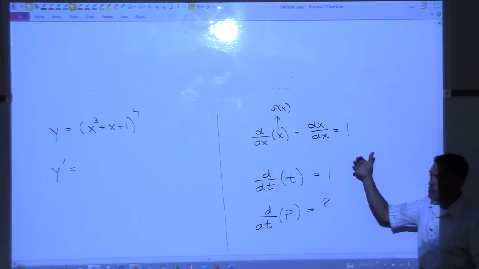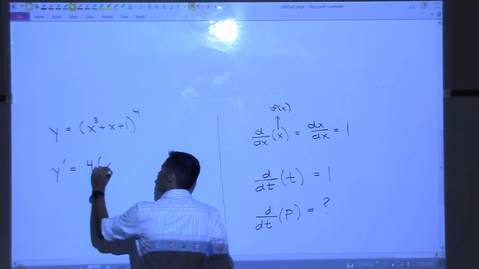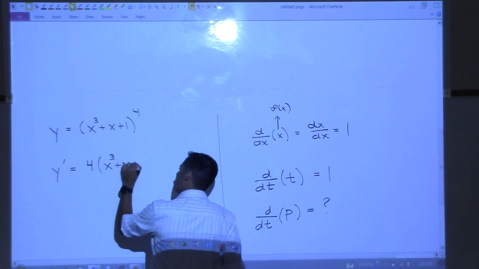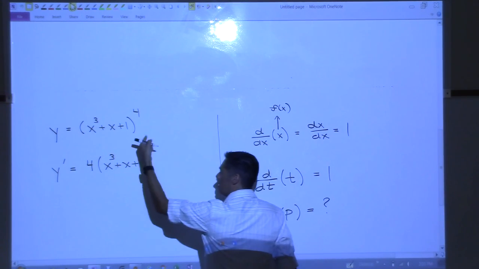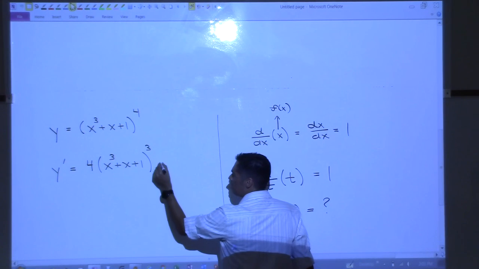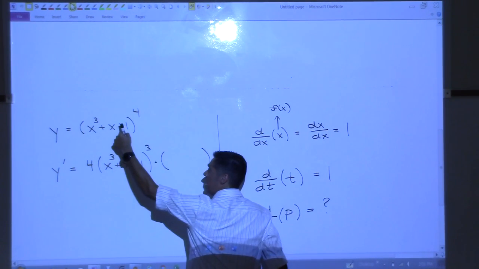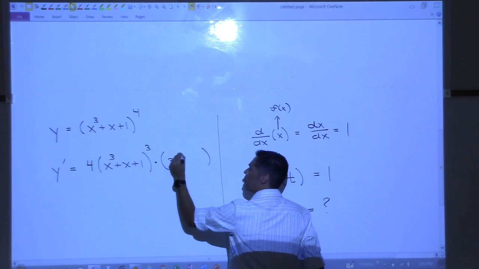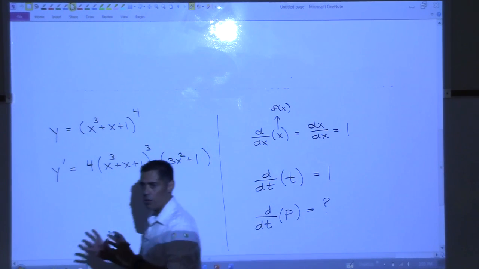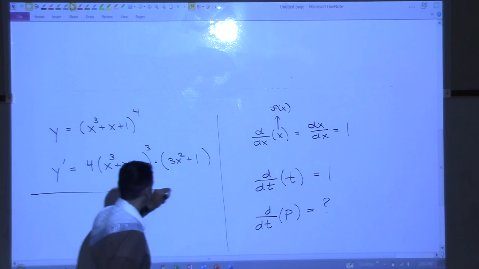So if we take the derivative, we start with that 4th power. The 4 comes down, x cubed plus x plus 1, and then raise it to the 3rd. And are we done? No, very important. Next, you had to take the derivative of what's inside here. We had to take the derivative of the base, which would just be 3x squared plus 1, right? That's the good old chain rule. So I'm going to put something else on the board now.